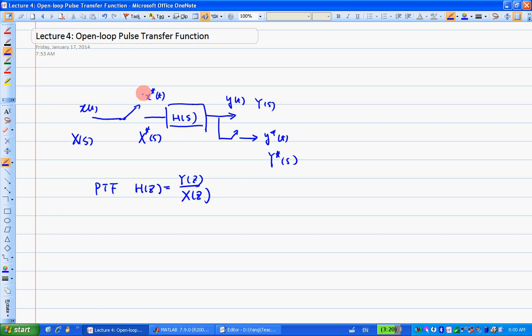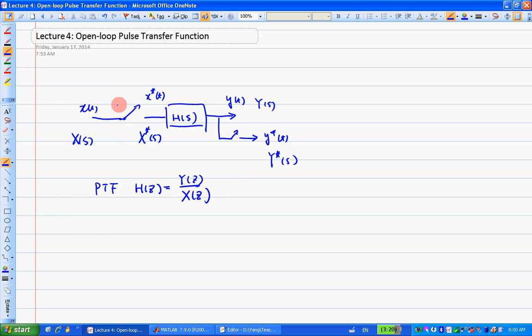So this one here is basically a sampler, but mathematically we use an impulse sampling model for this. If you recall, that's essentially what we call a Dirac-comb kind of model, right?